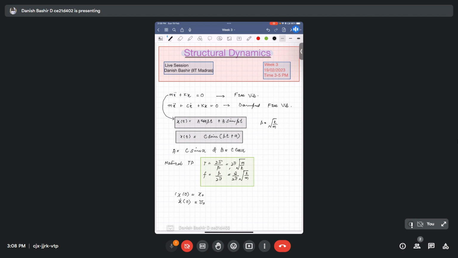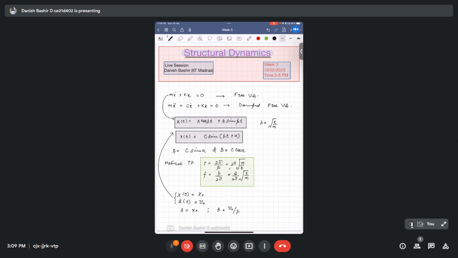After making these substitutions in x and x dot, we obtained that a was x naught and b was v naught by p. Here a has the dimensions of length. Velocity is length time inverse, and p is also time inverse.